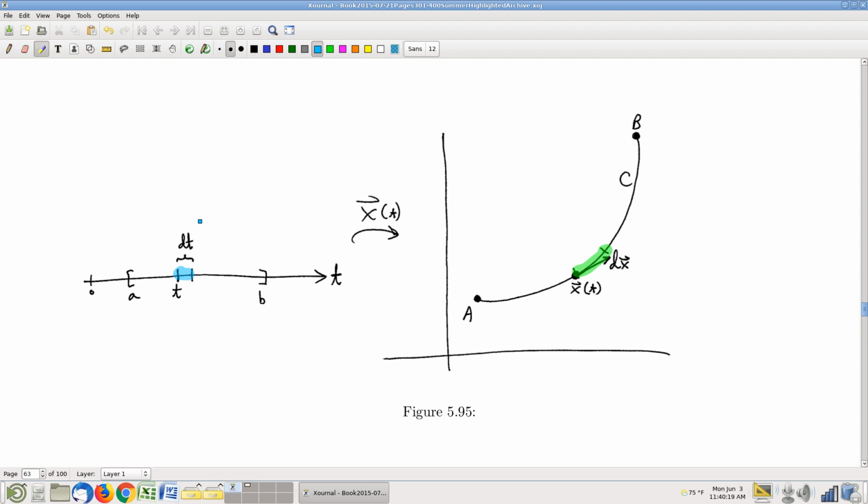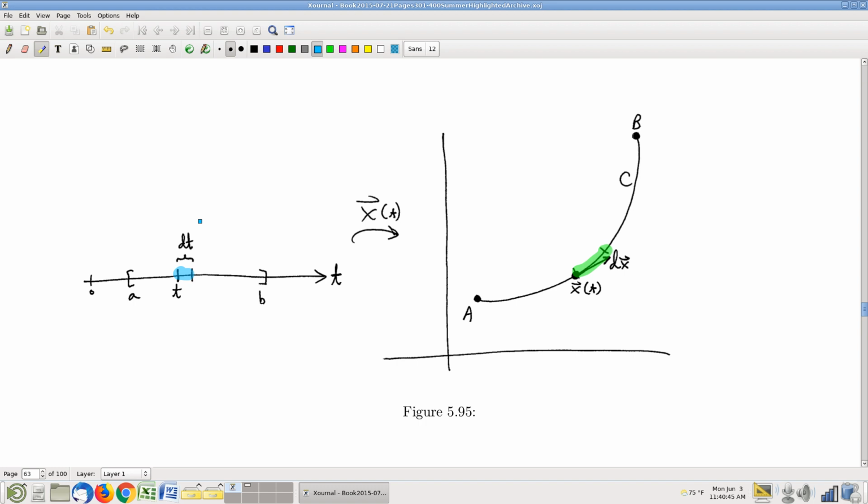Every other pullback we've done, we had to compute a stretching factor. But here's the thing. Every other pullback we've done, we needed to know ds, or we needed to know the size over here in some form or another. In this case, we don't need to know how big that little piece of curve is.